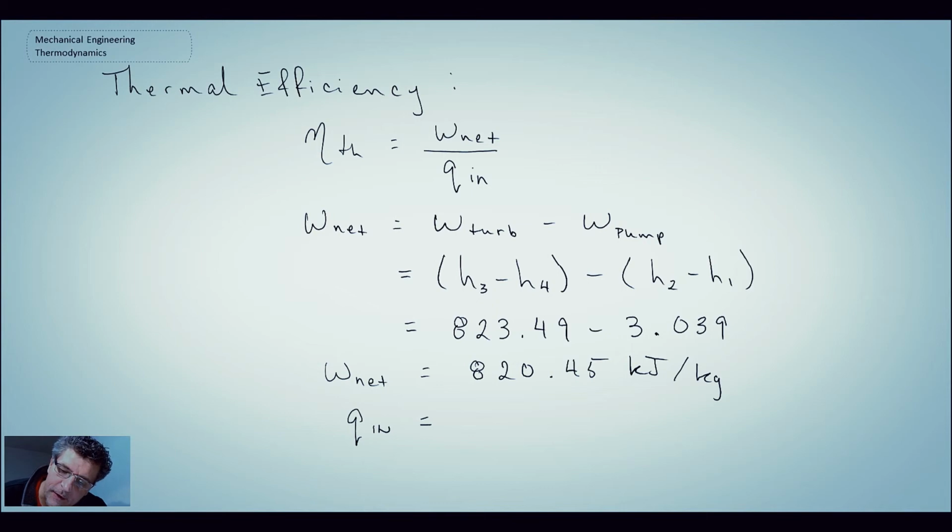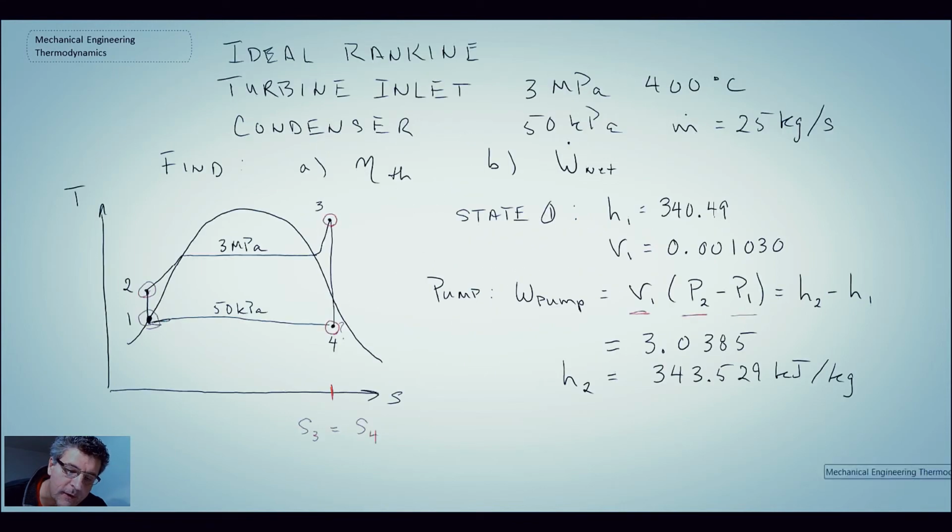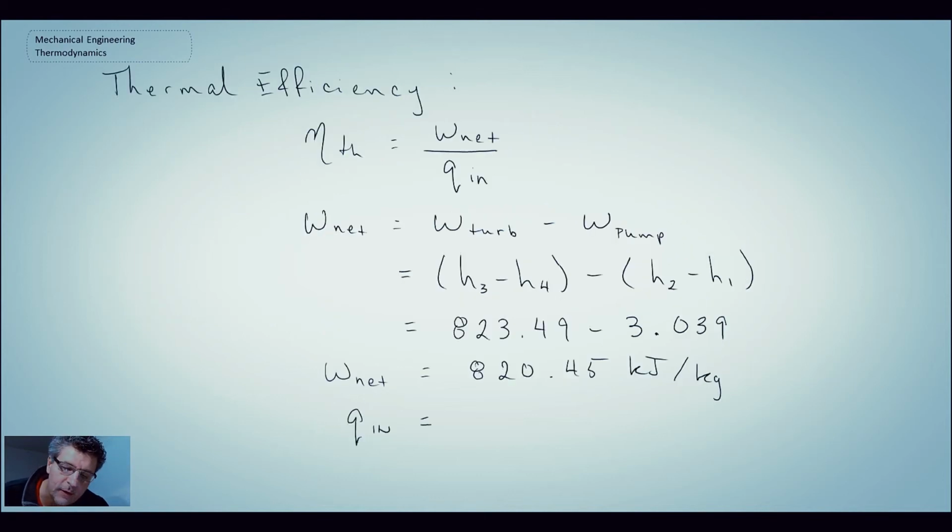The heat in we can evaluate. If we go back to our TS diagram, that's going to be what's going on in the boiler. So this is where we have Q in right here. So we're going from state 2 up to state 3 as we go through the boiler.